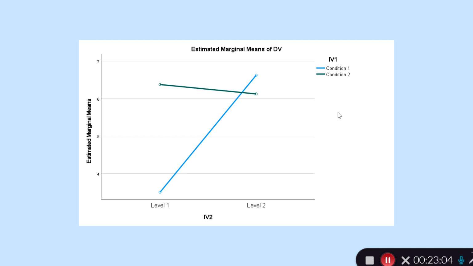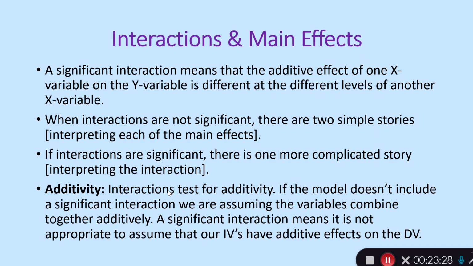Okay, and it has implications for what you can conclude from the results. Because whether someone scores higher in condition 2 for IV1 than condition 1 depends on which group they're in for IV2, if it's level 1 or level 2.